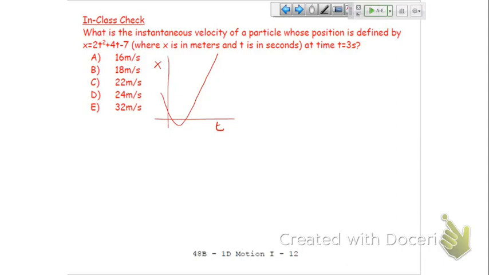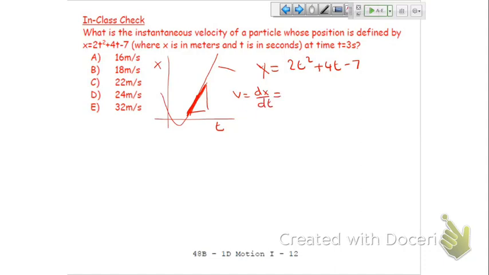So I'm picking a point and asking, what is my rise over my run? Well, I know that x is equal to 2t squared plus 4t minus 7. So I know that v equals dx by dt.